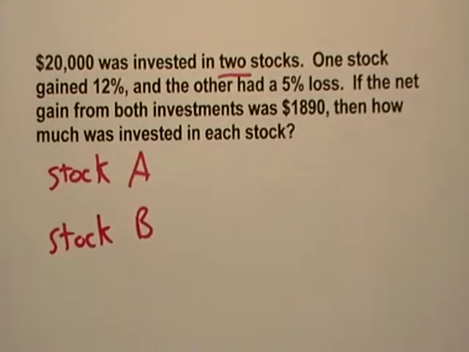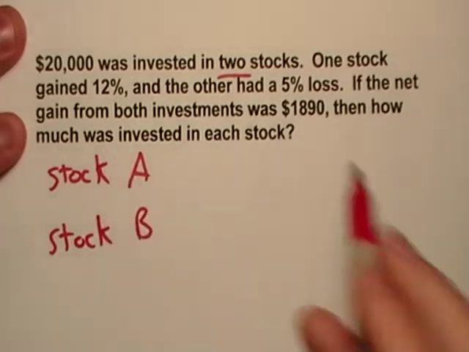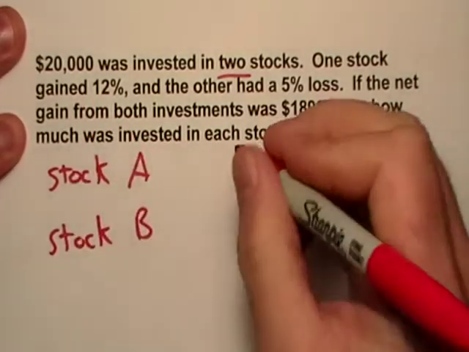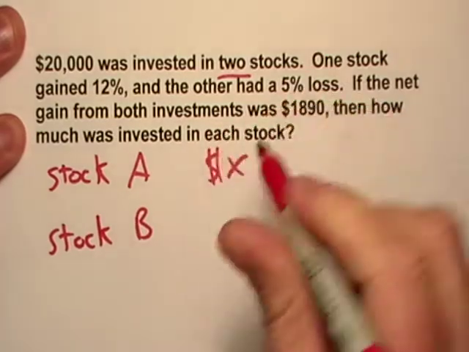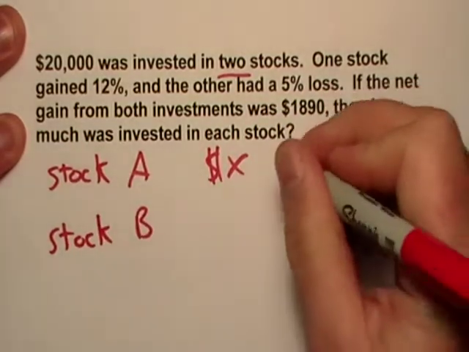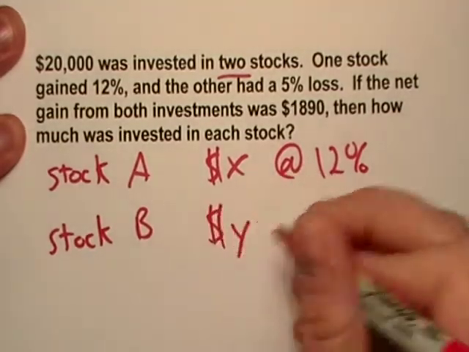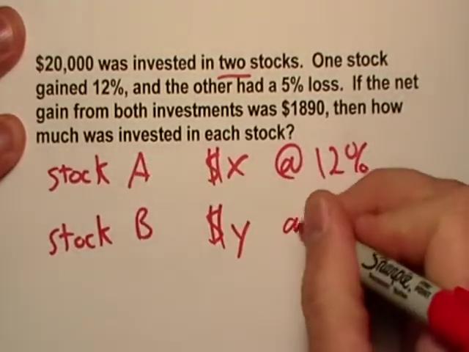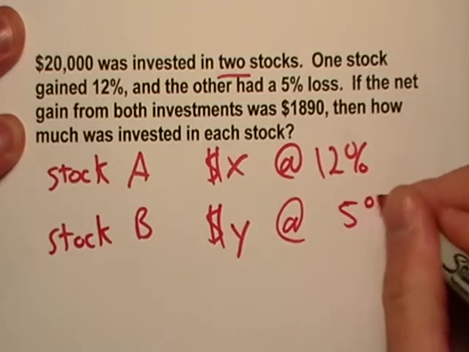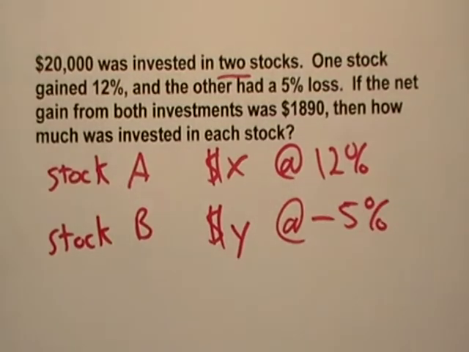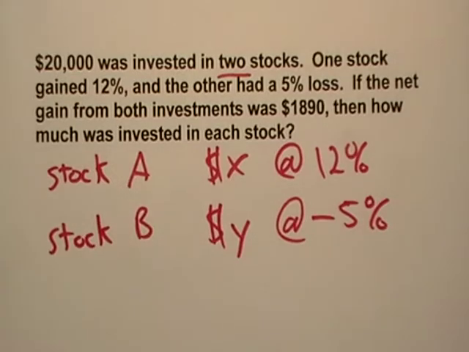So let's find the gain on each stock. Basically, we're going to put X dollars in stock A at 12%, and we're going to put Y dollars in stock B at -5%. That's the only kicker there, because we lost money.